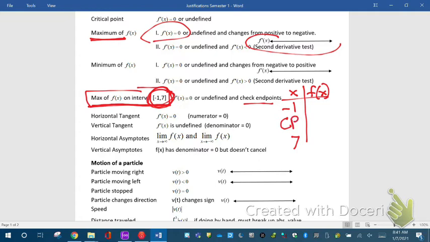So I want you to study the difference between a maximum on an open interval and a maximum on a closed interval. If it's an open interval, you do a first derivative sign chart. If it's a closed interval, you do a t-chart. Remember to check endpoints. And that is actually called the extreme value theorem, by the way.